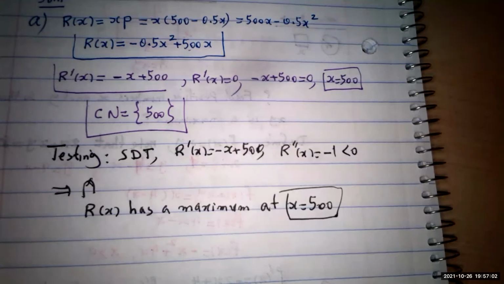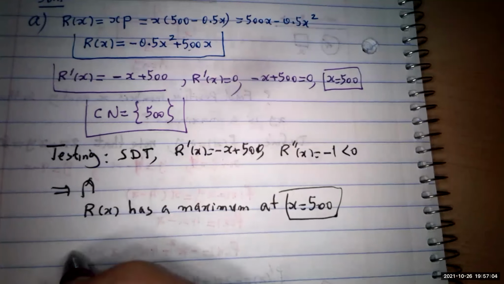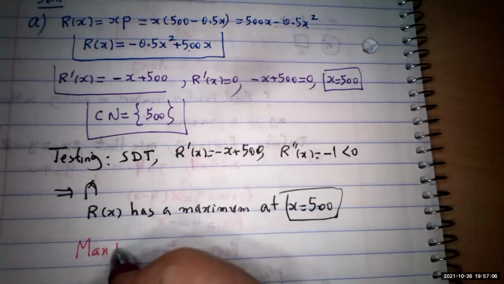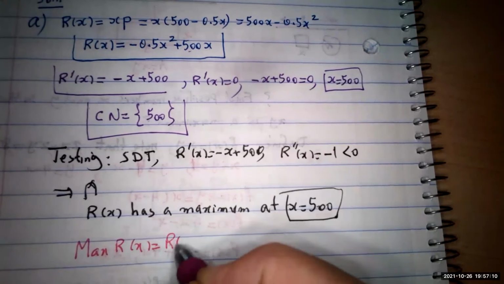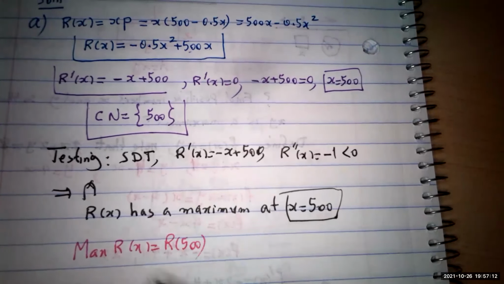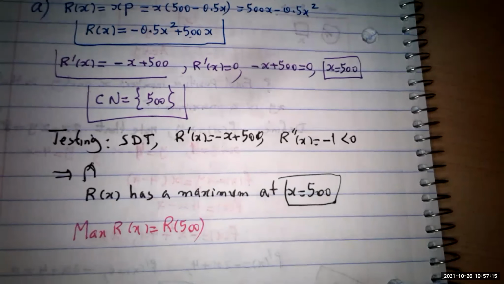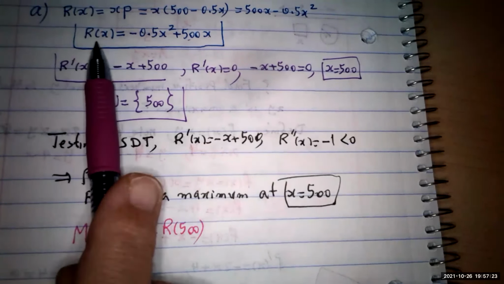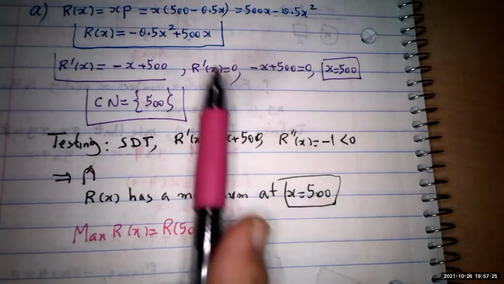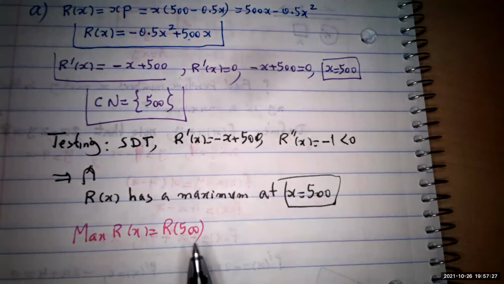So what is going to be the maximum revenue? So the maximum revenue would be what? Would be R of 500. Remember, you have to find it because they ask for the maximum revenue. So go to the R of x and substitute. This is your R of x. You substitute, replace x by 500 to get the money.